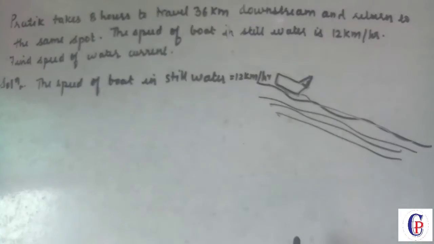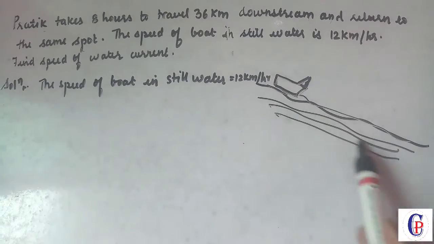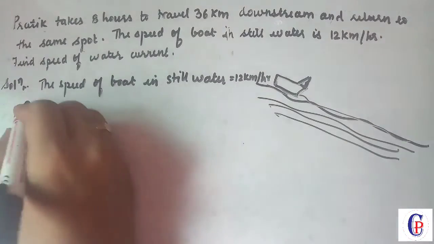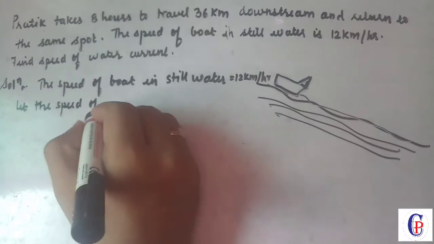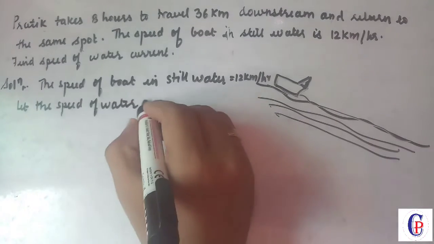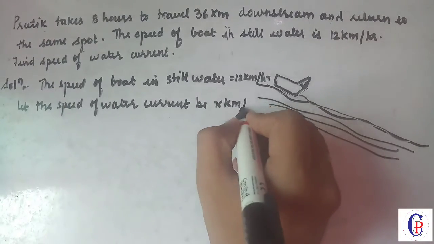Now you tell me one thing, if the water is flowing with x kilometer per hour, we don't know with what speed the water is flowing. Let us write here: let the speed of water current be x kilometer per hour.